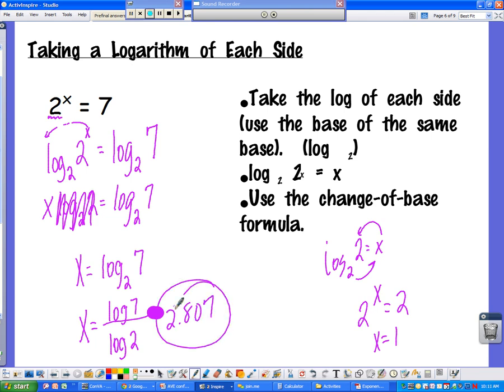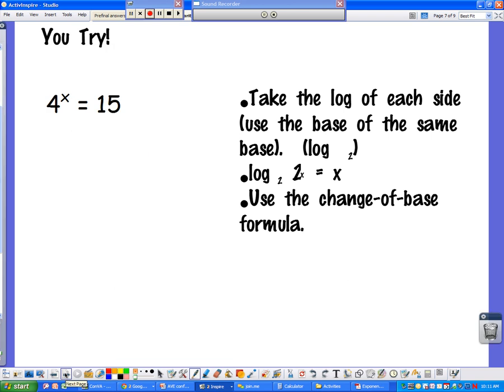In other words, if you took 2 to the 2.807, you're going to get 7. All right, let's go ahead and try a U-try. There are the directions, but if you need to, you can rewind the video and use the last one as an example.